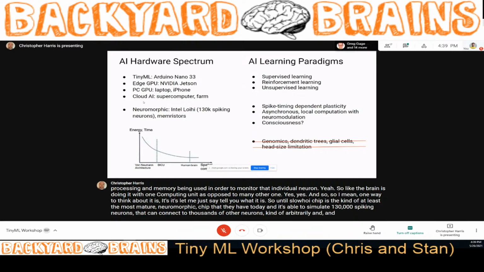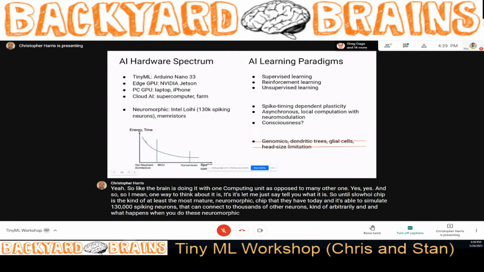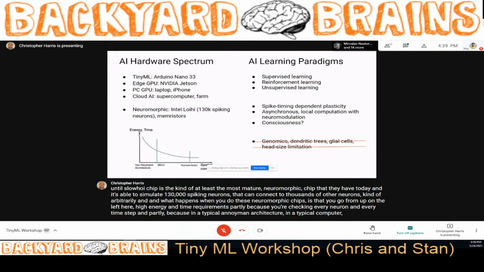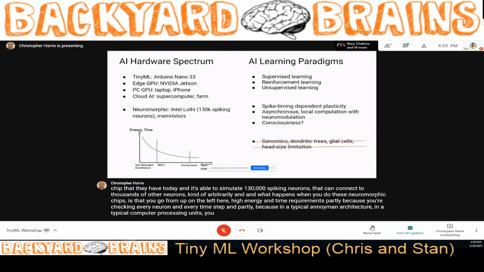And what happens when you do these neuromorphic chips is that you go from, up on the left here, high energy and time requirements, partly because you're checking every neuron at every time step, and partly because in a typical von Neumann architecture, in a typical computer processing unit, you have to ship instructions from memory to the CPU and back all the time.